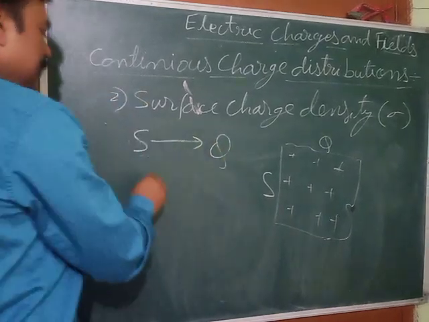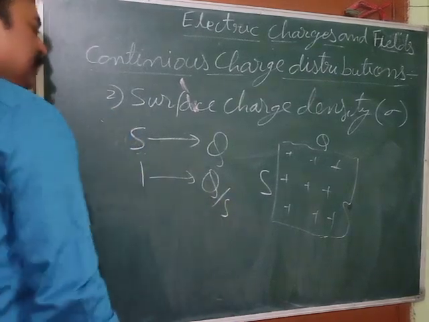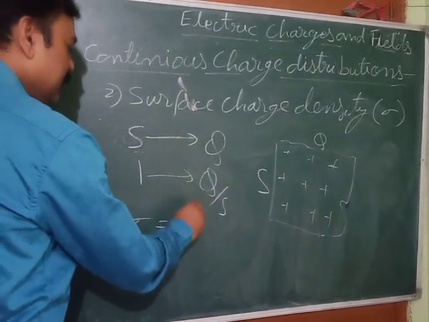Q charge. So unit surface area will carry how much charge? Q upon S, and that is called surface charge density. So sigma is equal to Q upon S.